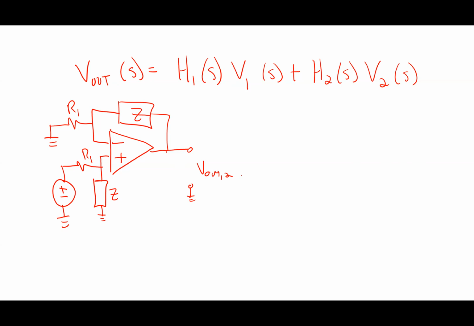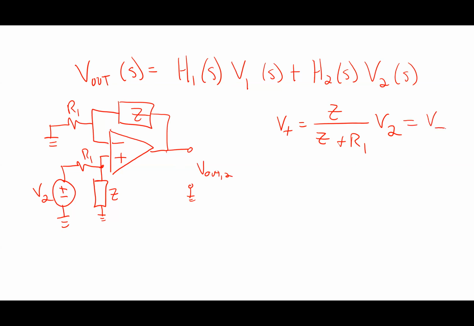In this case, the input voltage V2 pins this node at a set value. So V plus has to be equal to Z over Z plus R1 times V2. That's equal to V minus.